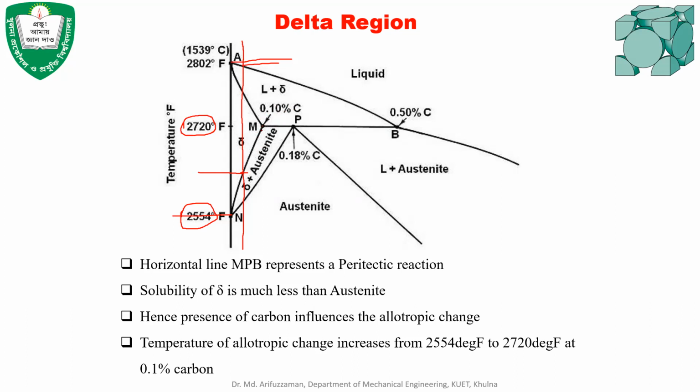So as the temperature drops more and more, more and more carbon gets out of the structure, and the conversion of delta iron into face-centered cubic starts to occur. So that is how it changes. The maximum solubility of carbon in the delta iron structure is 0.1% carbon.